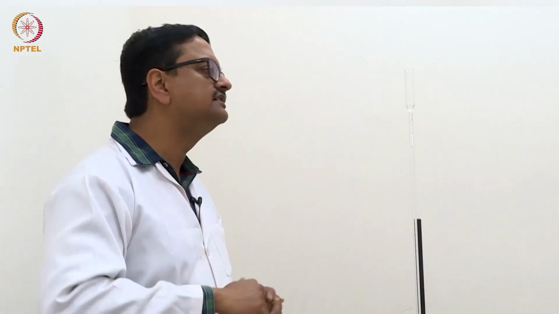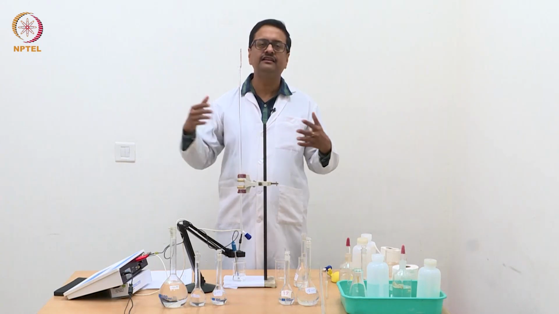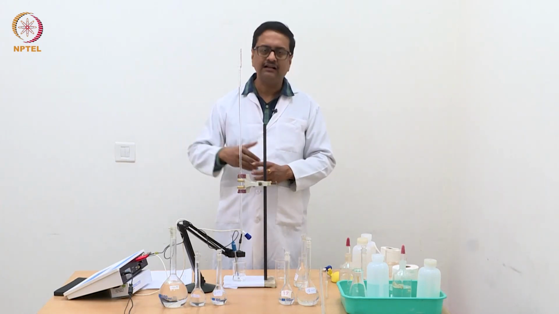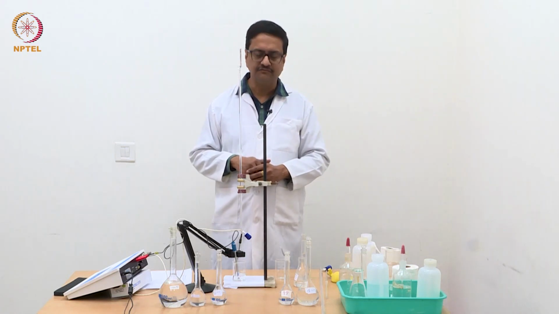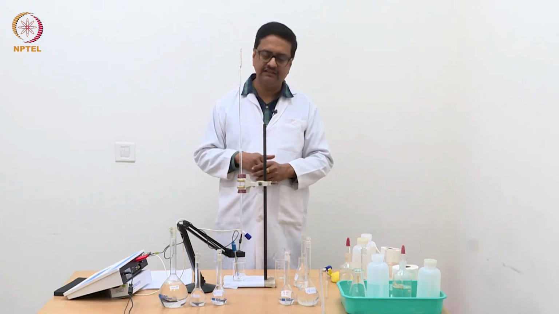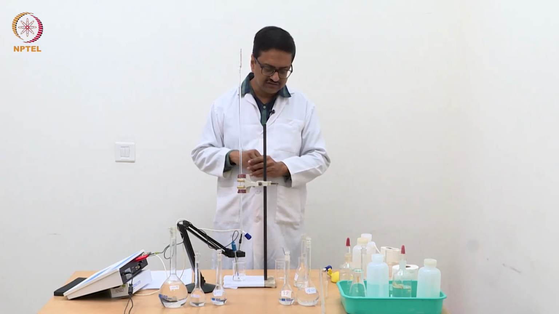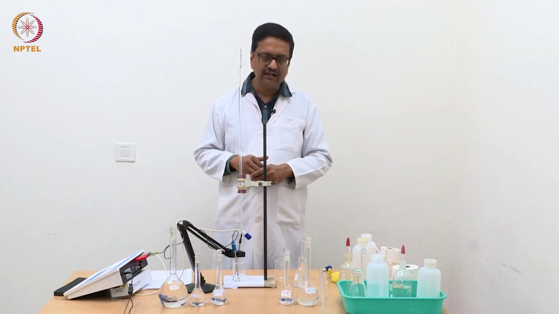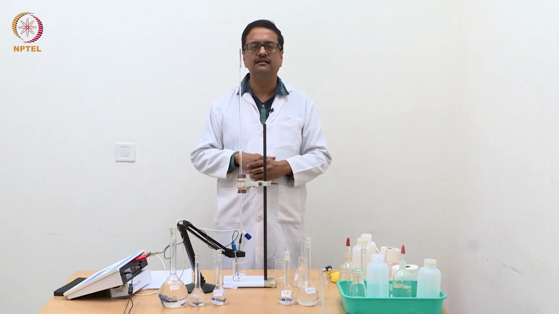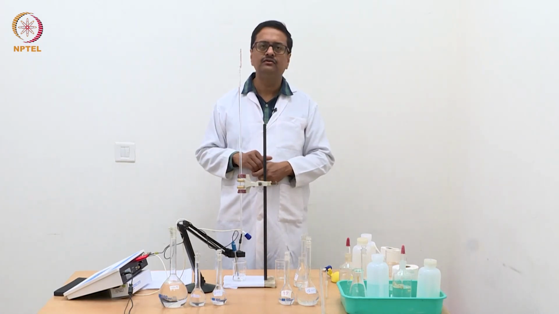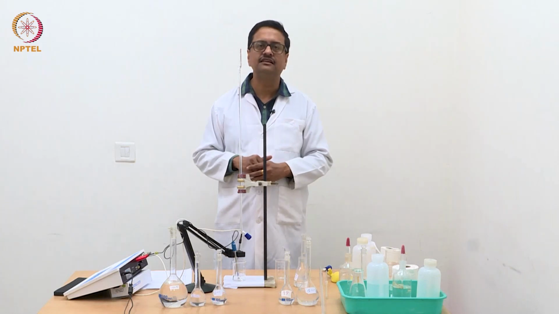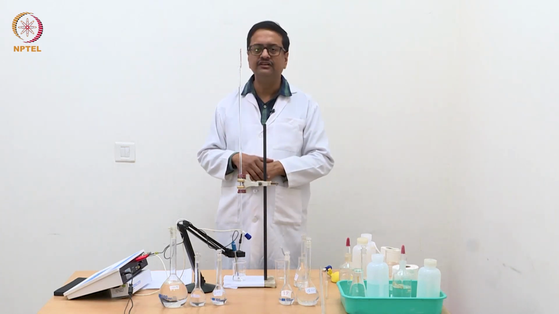But towards the end of the titration, once the equivalence point is reached and we add more and more silver nitrate, we will see an increase in conductance, and that will indicate the end point of this titration. We will have to plot the volume of silver nitrate versus conductance on graph paper, and in the following lectures I will show you how to do the calculation and find the concentrations of these components in this mixture.